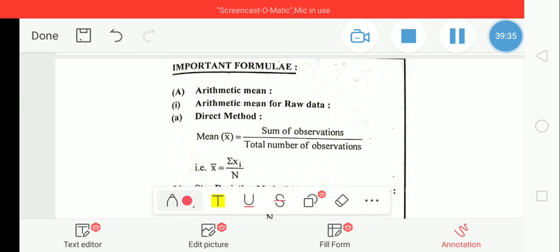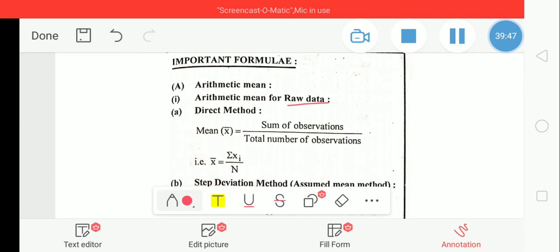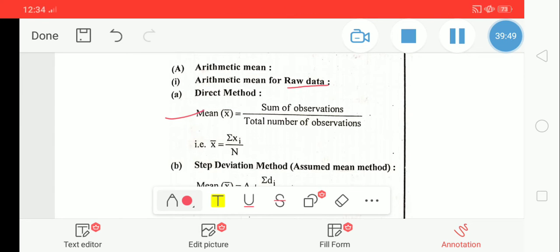Now we are finding arithmetic mean and median. So in this way we are finding first mean and median. So arithmetic mean for raw data. How to find arithmetic mean? Mean means x bar. So how is x bar found? Sum of observations divided by total number of observations.